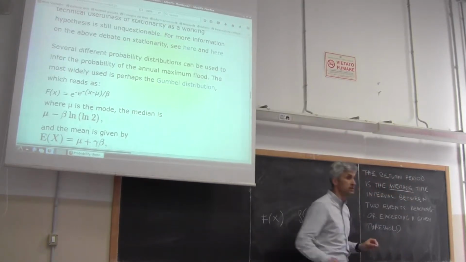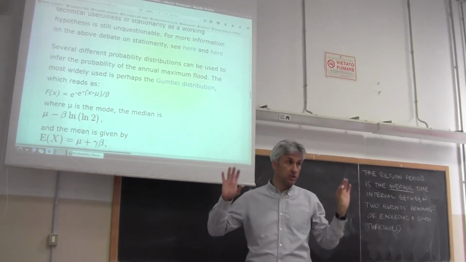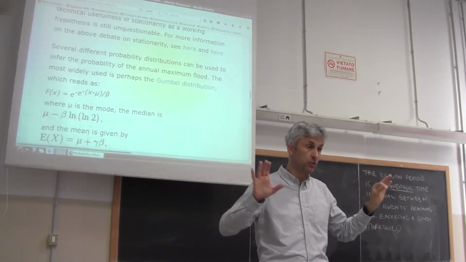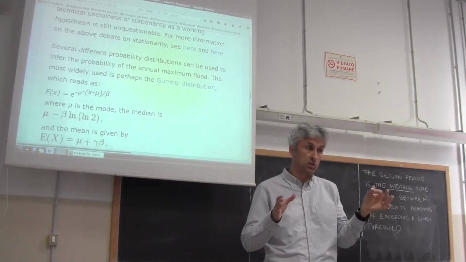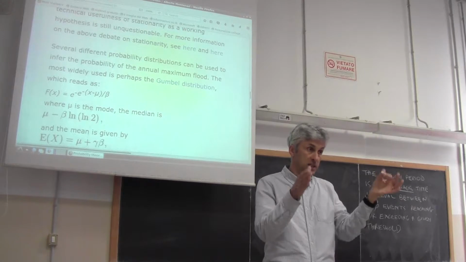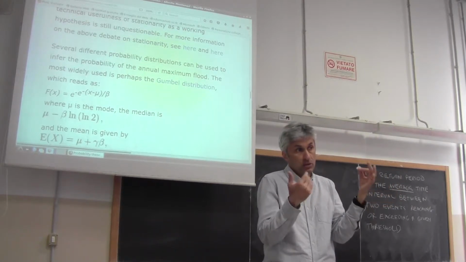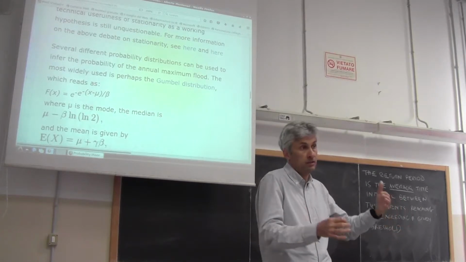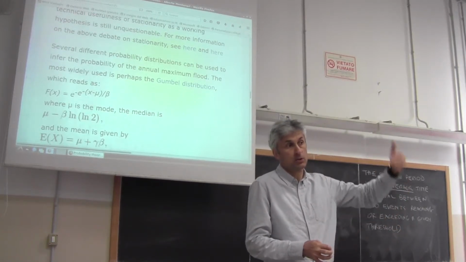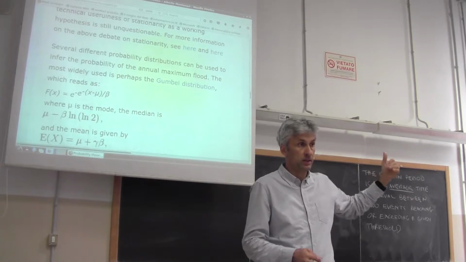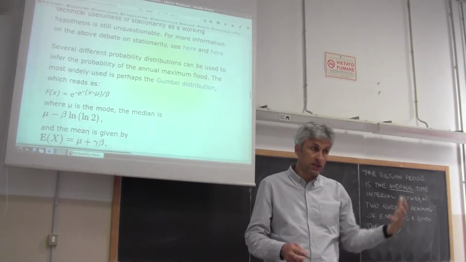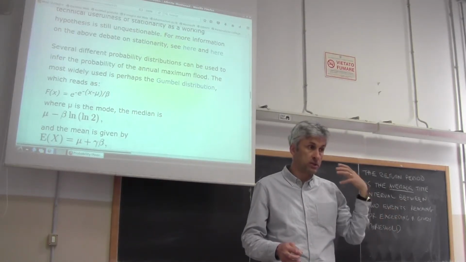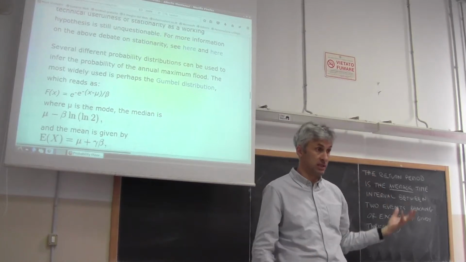You can't say that it's the time between two events, because if you forget average, it means that you mean that the time is precise, which of course is not true. I mean, if I have a flood today, I cannot exclude that I have a flood tomorrow, even if the last one was 200 years ago. When we speak about probabilities, we must always speak in terms of statistics.